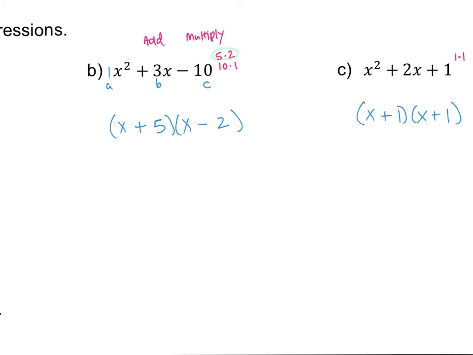So this works. By the way, if you don't trust me or you're kind of leery about making sure your answer is correct, that your factors are correct, all you have to do is go ahead and FOIL it out to double check. So if you need to check your answer, you can always use the FOILing method where you multiply things out. So if I multiply this out, I would get x squared minus 2x, and then multiply the 5x, which gives me 5x minus 10.